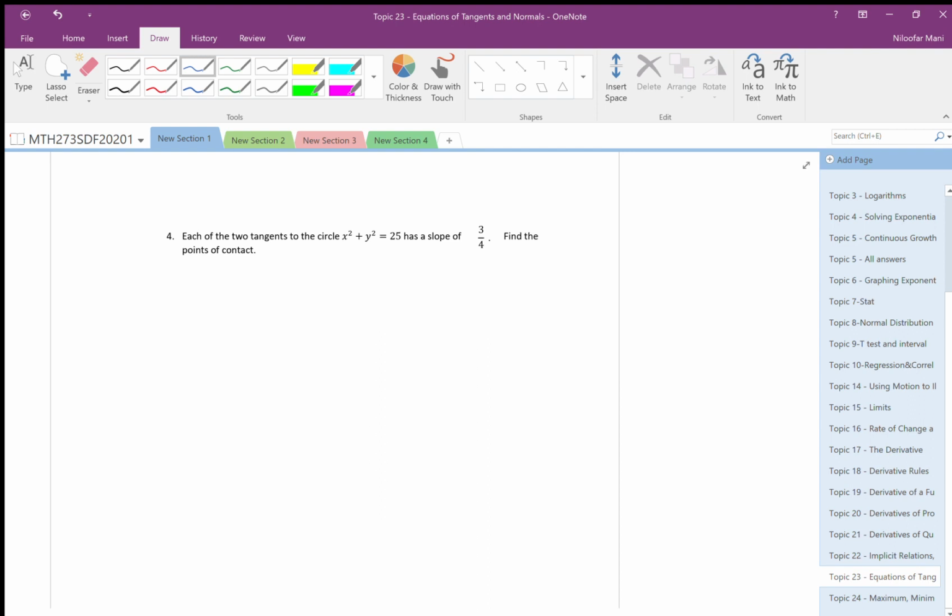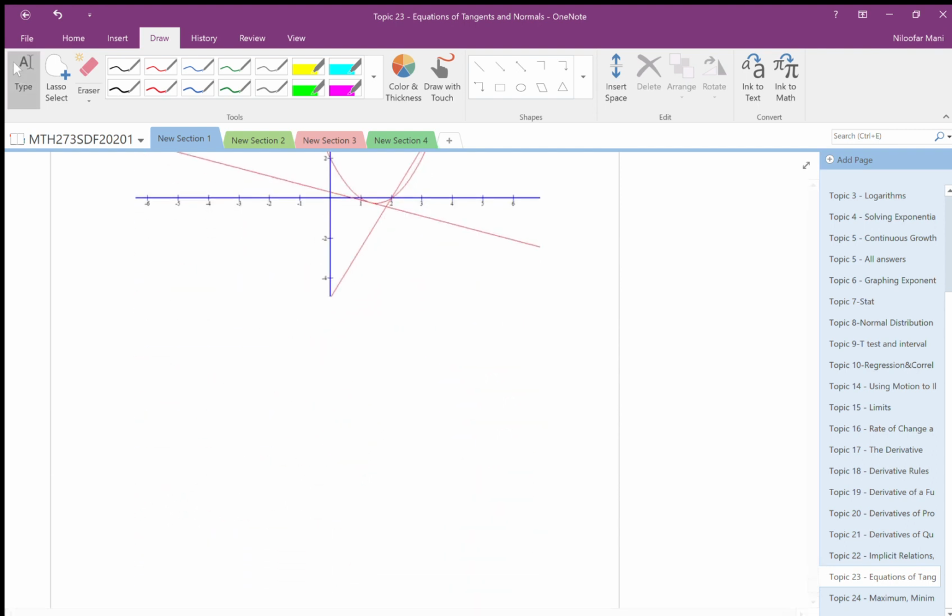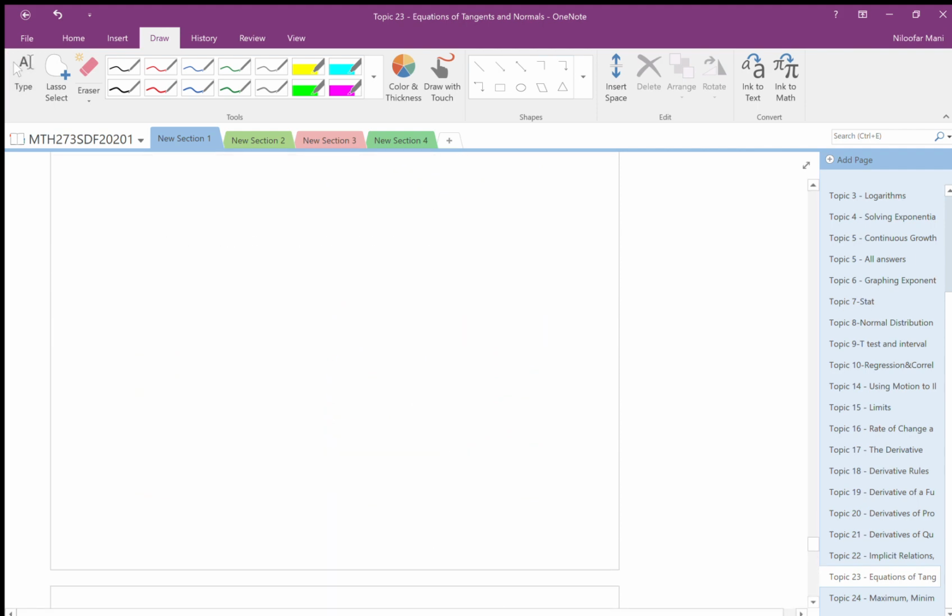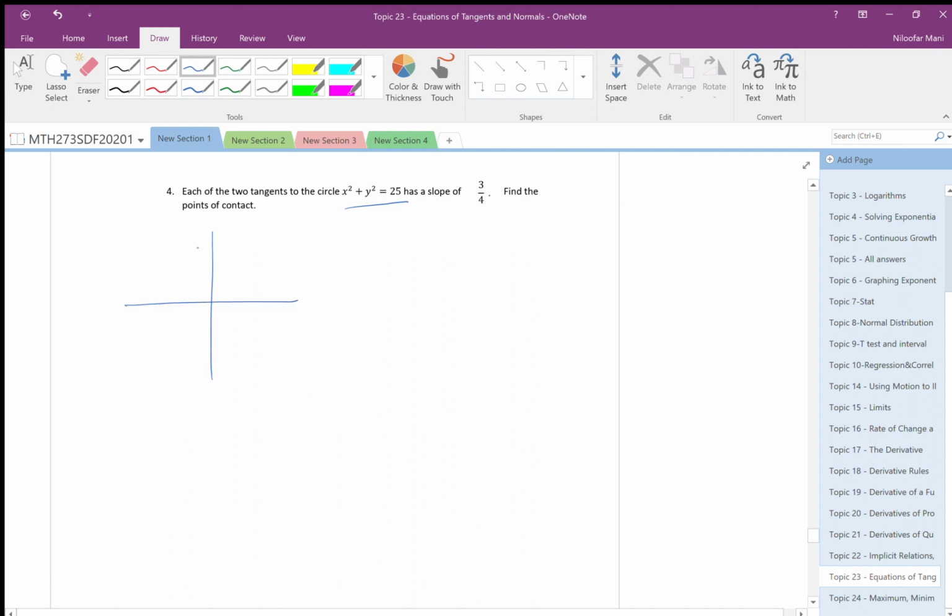Each of the 2 tangent lines has this slope. So I'm not sure if I forgot to add the picture for that one. That's strange, because I guess I did for all of them. Yeah, so I can show you. See, this is the circle, so I can do this. This is my circle here.